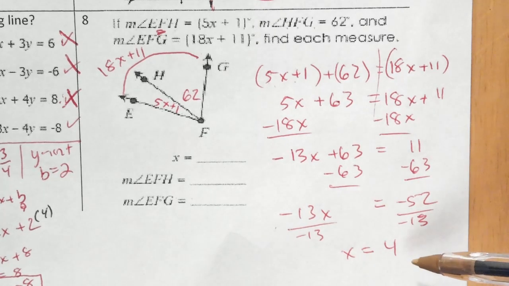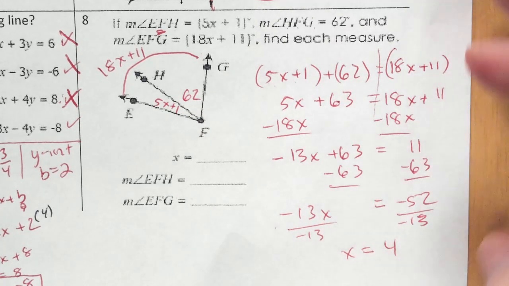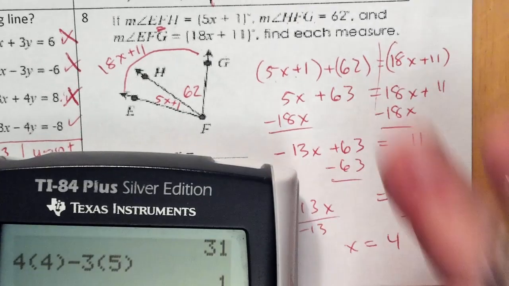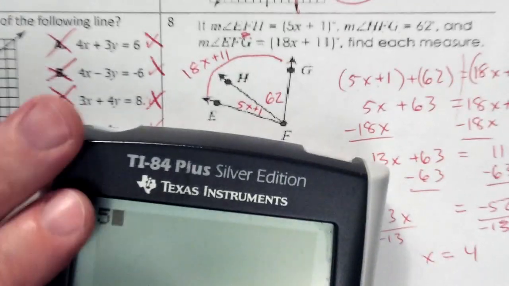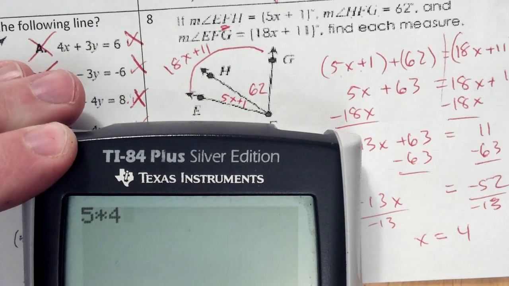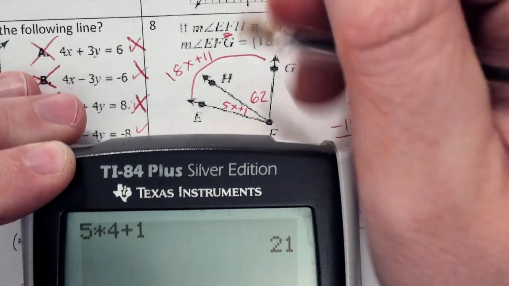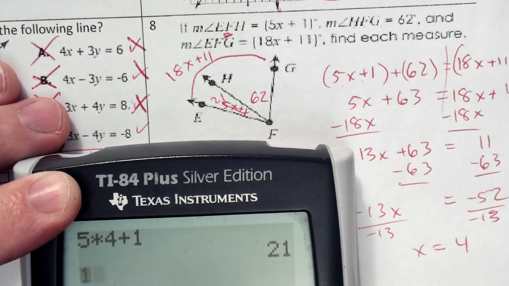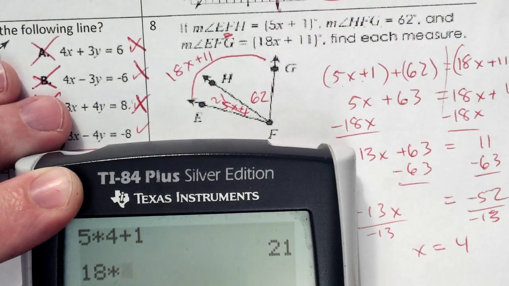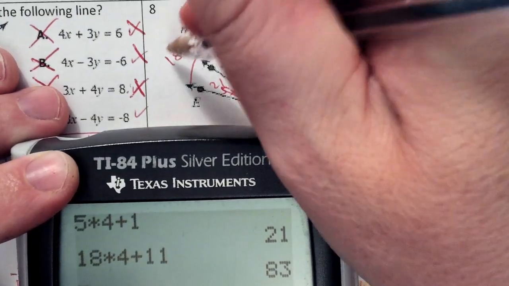All right, every time you find x, you plug it back into the picture. So I'll show that real quick. We have 5 times 4 plus 1. We get that this is 21. This is already 62, so we leave that. And then 18 times 4 plus 11, and we pop out with 83.